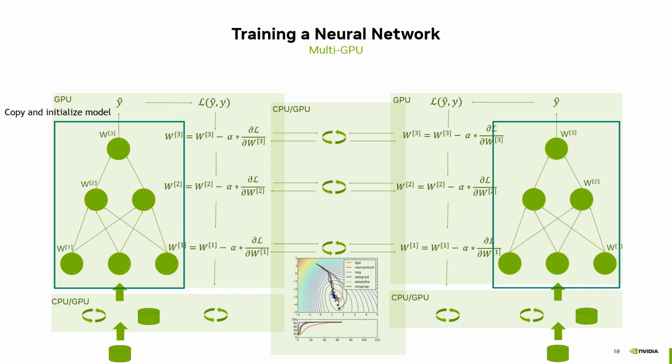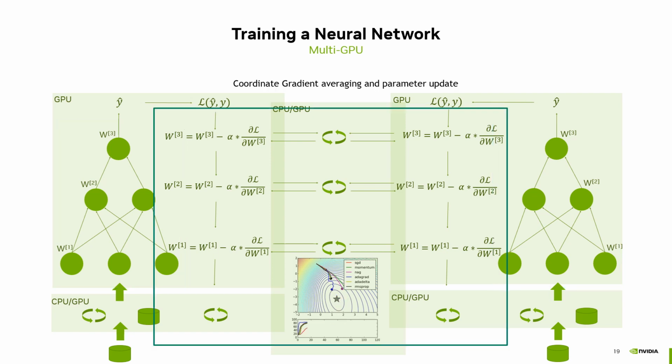This also wouldn't be easy to do manually, so we need a tool that allows us to copy the model, initialize it with the same weights, and create this communication. And finally, we need to make sure that the coordination of the gradient averaging is done properly, that we wait until all the GPUs have computed the forward pass, and also that the parameters are updated properly and with the right gradients.